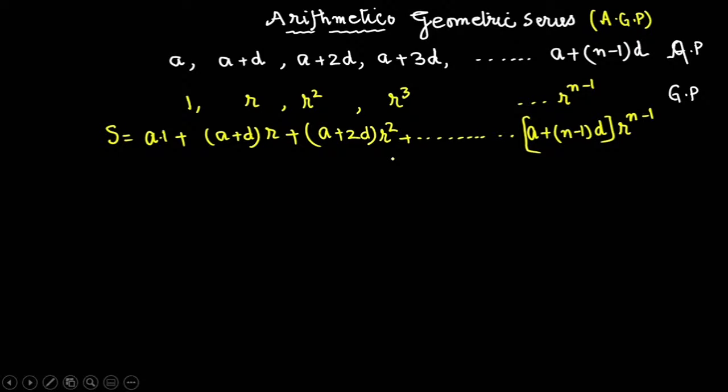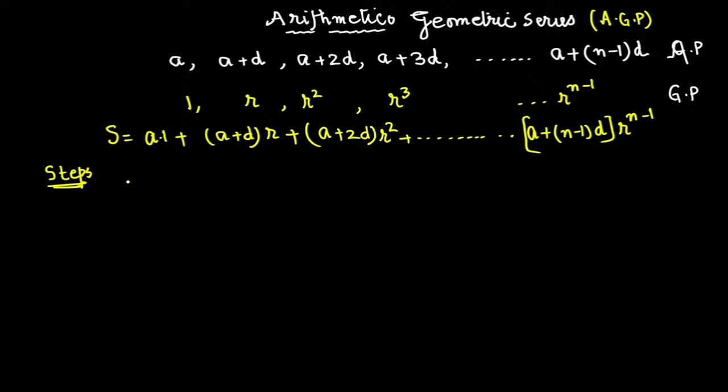Then, how to find the sum of this series? These are the steps we will use. In an AGP, first of all, see what is the common ratio of the GP terms. The GP is 1, r, r square, so the common ratio of this GP is r.